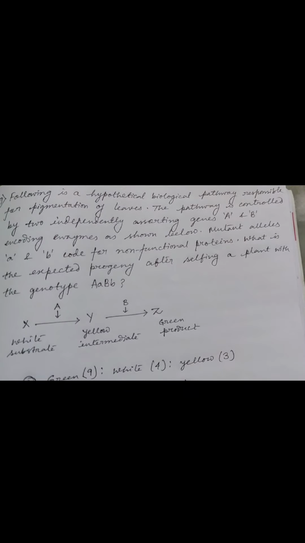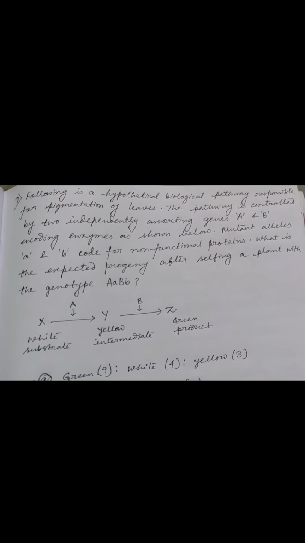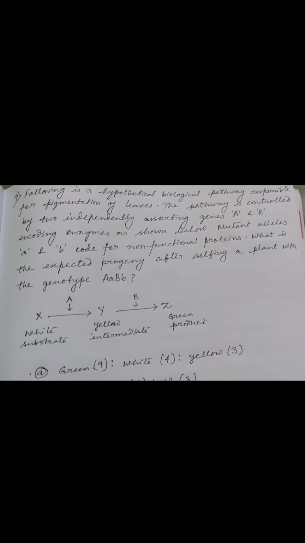Following is a hypothetical biological pathway responsible for pigmentation of leaves. The pathway is controlled by 2 independently assorting genes, capital A and capital B, encoding enzymes as shown below. Mutant alleles small a and small b code for non-functional proteins. What is the expected progeny after selfing a plant with the genotype capital A, small a, capital B, small b?